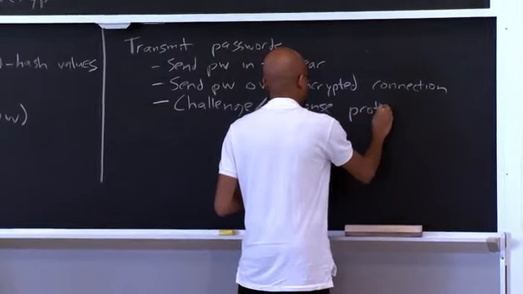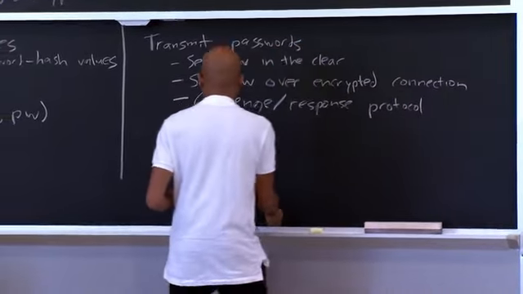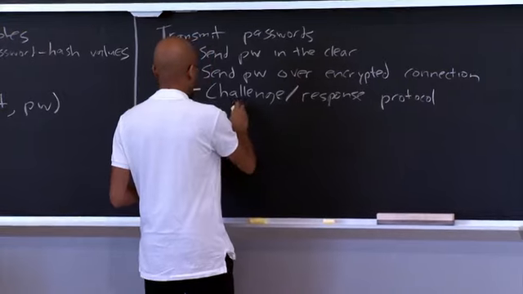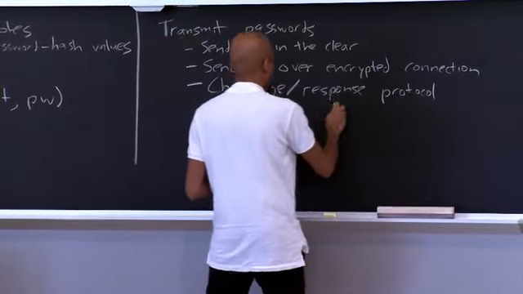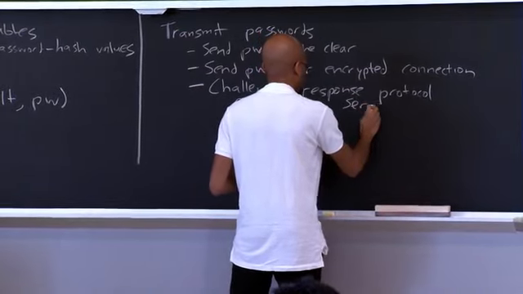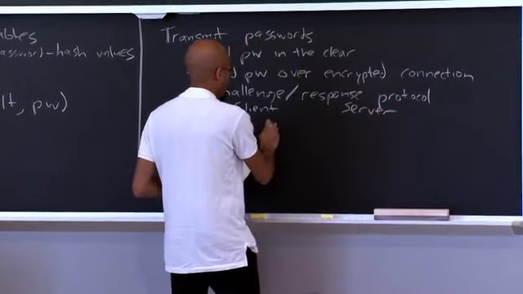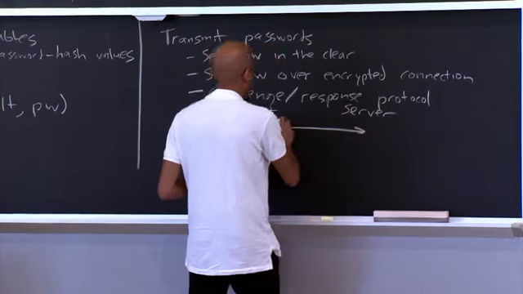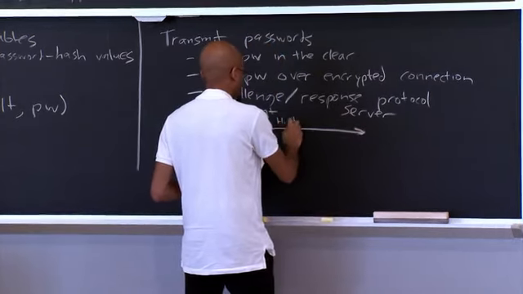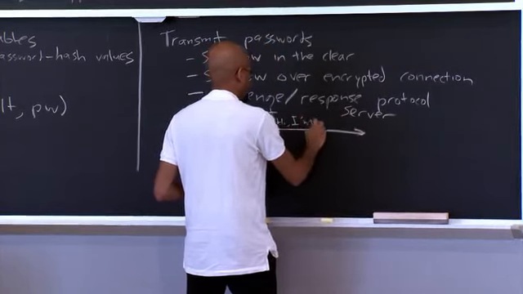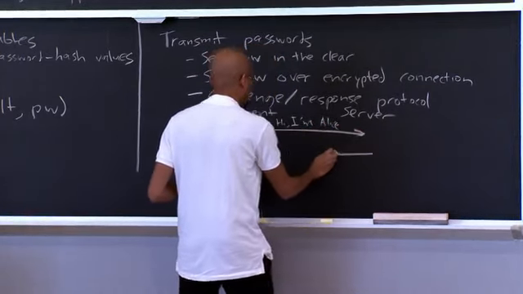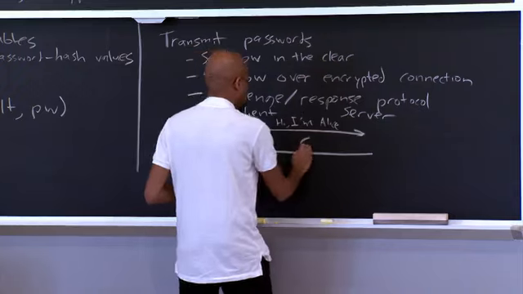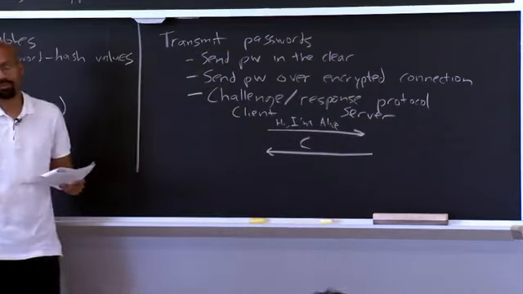And here's an example of a very simple challenge response protocol. So let's say we've got the client here, and then we've got the server over here. So the client says, hi, I'm Alice. And then the server responds with some challenge C, right?